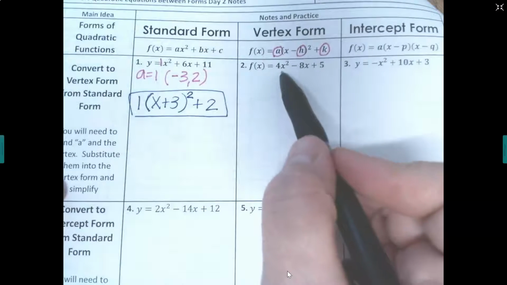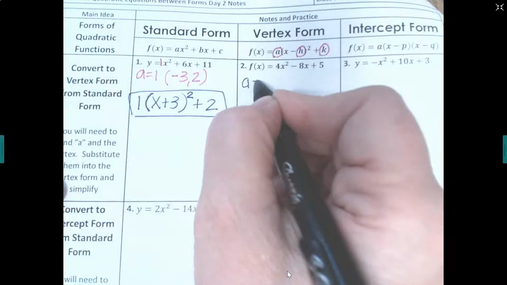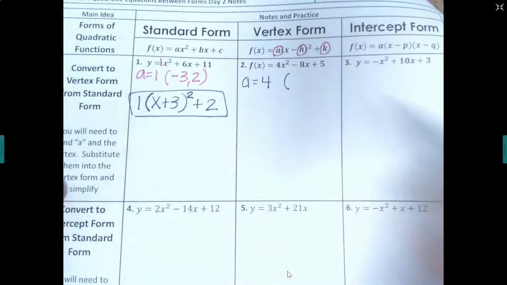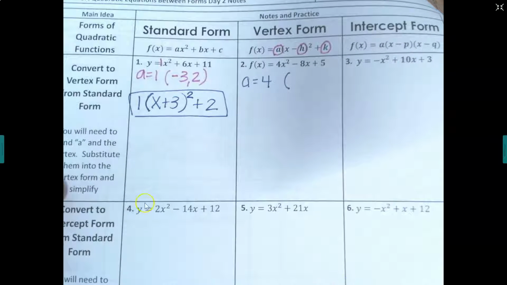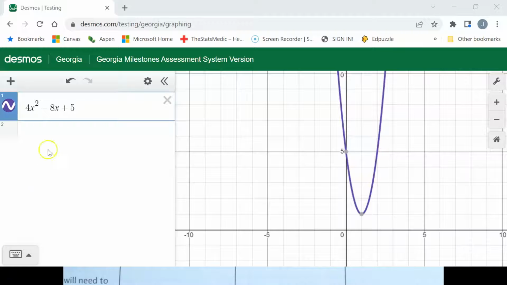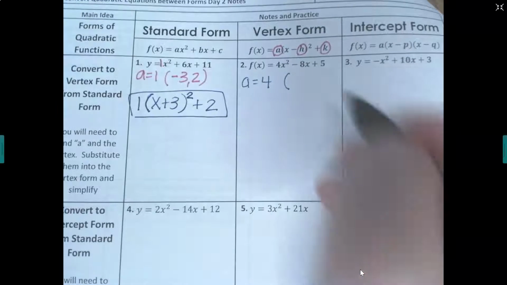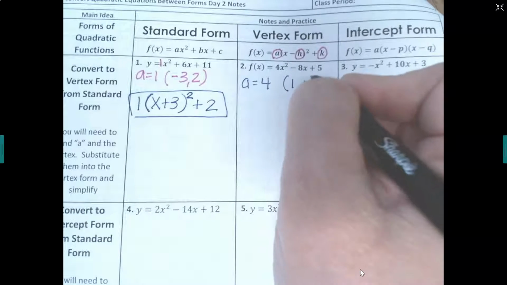In our second problem, our A value is 4. You need to get a vertex, so go ahead and pause the video, put your equation into Desmos, and get your vertex out. Here we've put 4x squared minus 8x plus 5 into Desmos, and here's our graph with a vertex of 1, 1. So I'm going to write 1, 1.